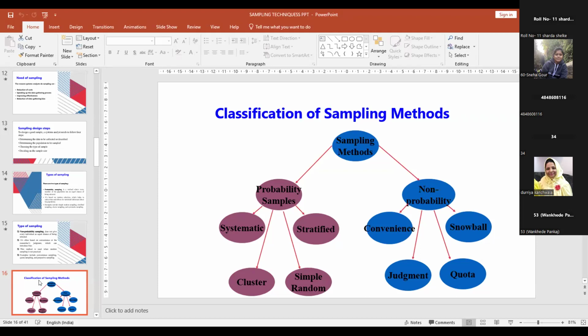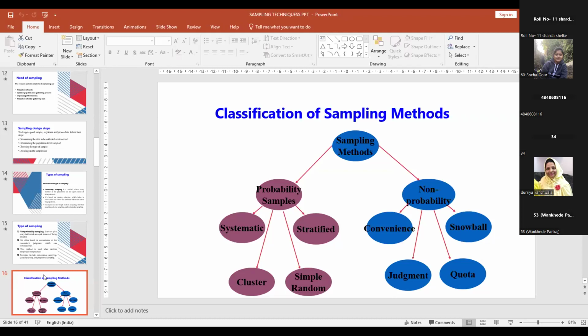Sampling means a sample from the whole portion, a subset of the whole population. And the methods are basically two types: one is probability and another is non-probability. And further classification of the sampling techniques includes cluster, convenience, snowball, judgment, and also quota.